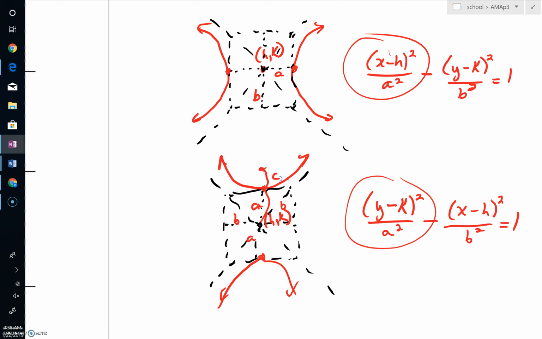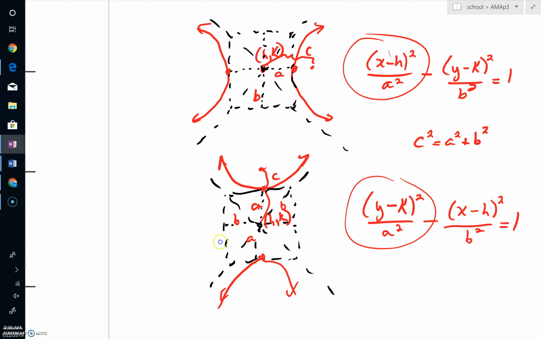You could have a focal length C right here. In either case, focal length C comes from the Pythagorean theorem. We'd have C squared is always equal to A squared plus B squared. So that's just a very, very quick review of hyperbolas.